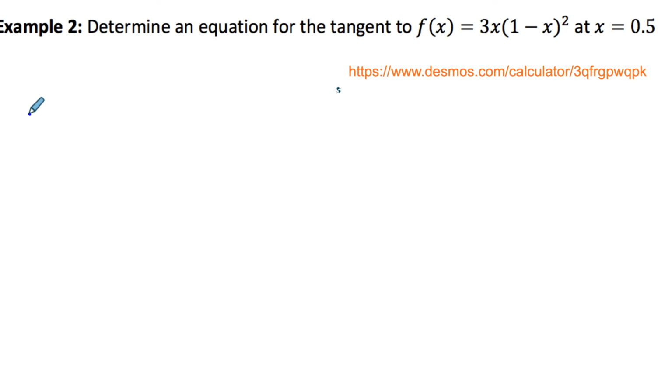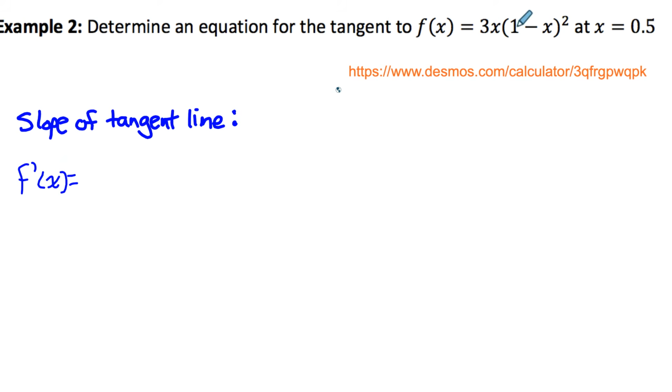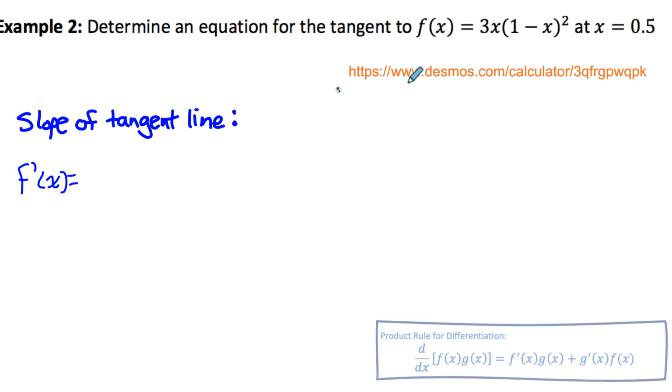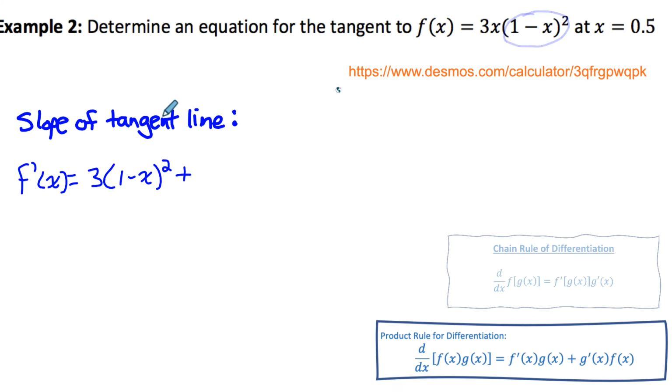So we're going to need to know the slope of the tangent line, and that's exactly what the derivative will tell us. We can find the slope of the tangent line at any point on the function if we have its derivative. So let's start by finding the derivative of f at x. It's a product of two functions, so we're going to need to do product rule. The derivative of the first function, 3x, is 3, multiply that by the second function, plus the derivative of the second function, which I will need chain rule for.